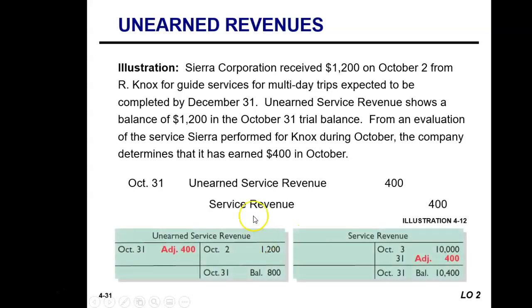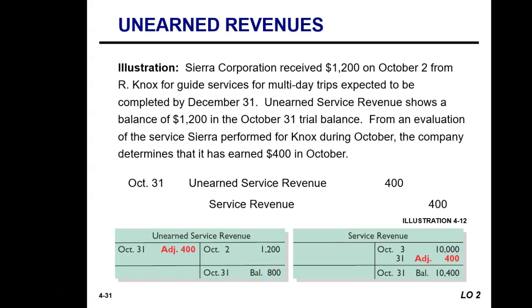We're going to debit unearned service revenue, which is the liability account, and we're going to recognize service revenue in the amount of $400. So now, initially we had $1,200 in unearned service revenue, but now $400 has been recognized. There's still a balance of $800 remaining in the unearned service revenue account.